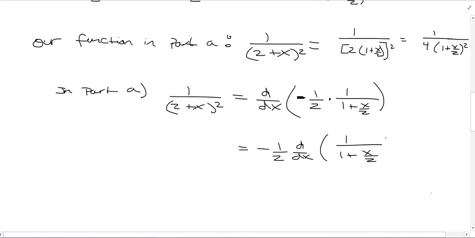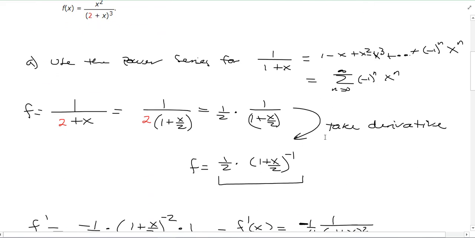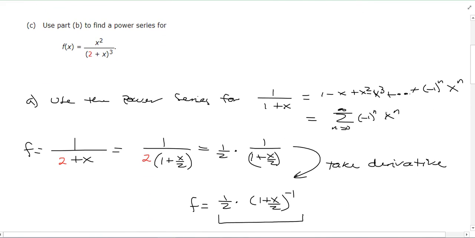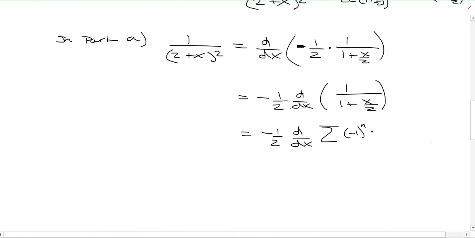So I kind of did the work first, and now I'm trying to figure out how this fits with the power series. So this is the derivative of our power series. Where did I write the power series? Right here, it's negative 1 to the n, x to the n. So then this is going to be negative 1 to the n, x over 2 to the n.